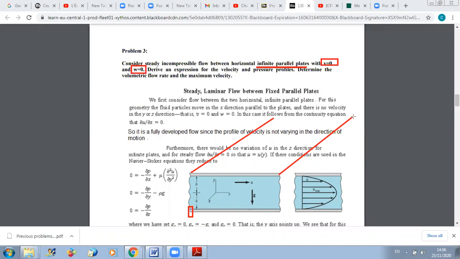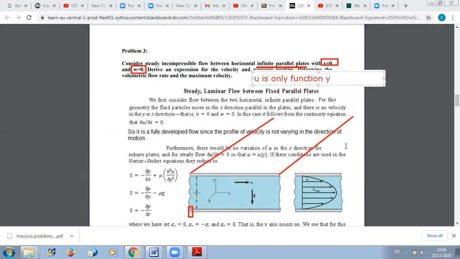Sometimes they can also tell you that U is only a function of Y. If they say U is only a function of Y, directly you say that U is independent of x. Another way to say it is to say that you have a fully developed flow.